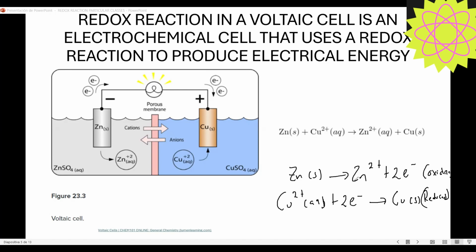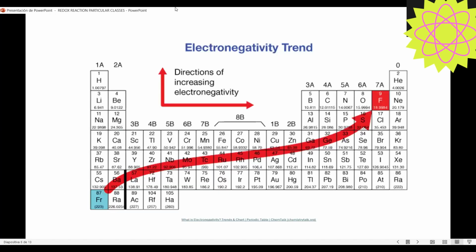And this is a reaction between the copper sulfate. Look, in the periodic table, I'm going to ask you to use the periodic table, okay? And this arrow indicates the electronegativity, right?